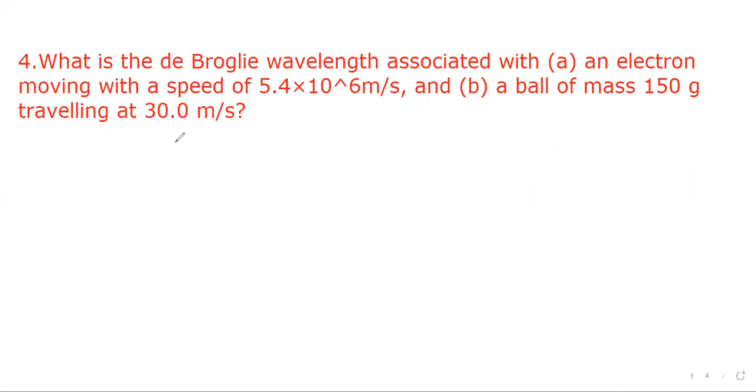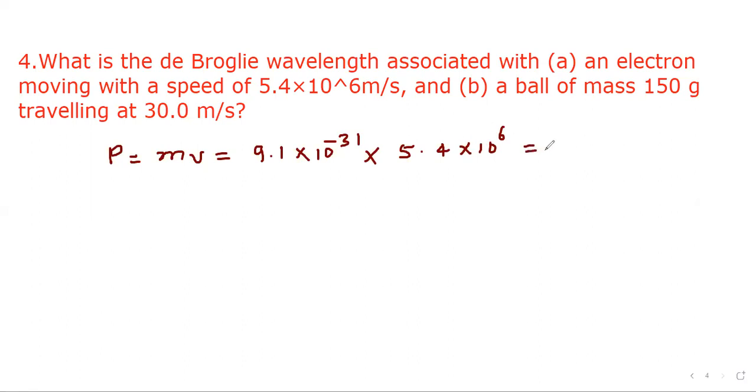So we can find the momentum. Momentum of electron p equals mv. We put the value 9.1 × 10^-31 into velocity 5.4 × 10^6. So this is momentum that comes out to be 4.92 × 10^-24 kg meter per second.